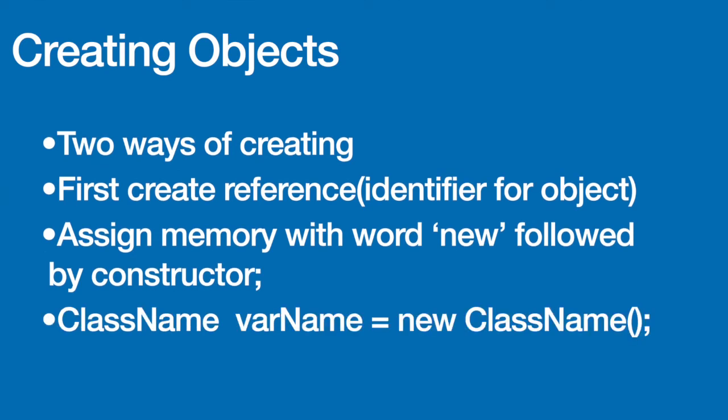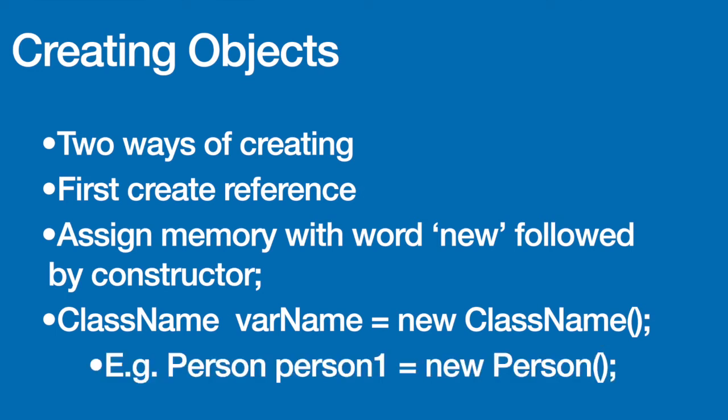So that's how we define classes: the class name and then the variable name or identifier, then we initialize them by using the new keyword followed by the class name, that is the constructor. The constructor can have arguments if we have to mention them. If we don't have, it will be empty parentheses.